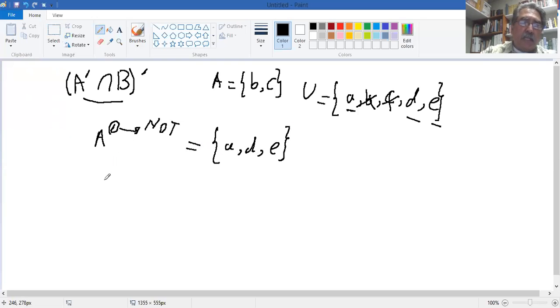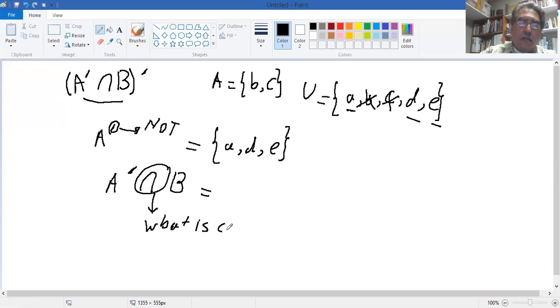Now, we want the intersection of that A naught with set B. Intersection means what is common in both sets.